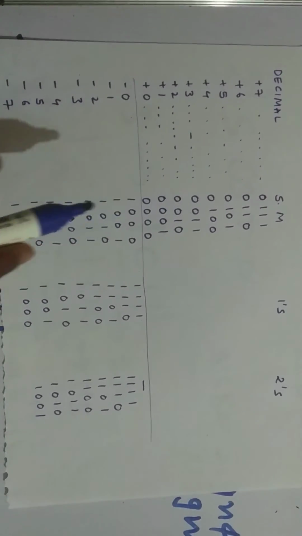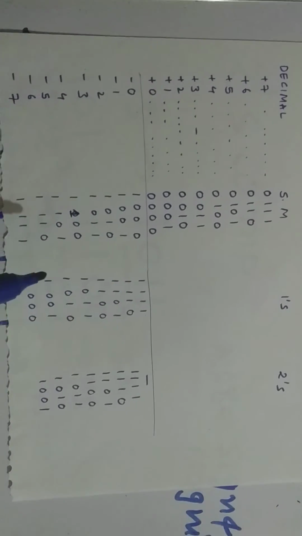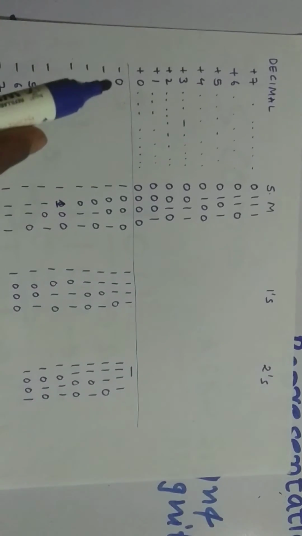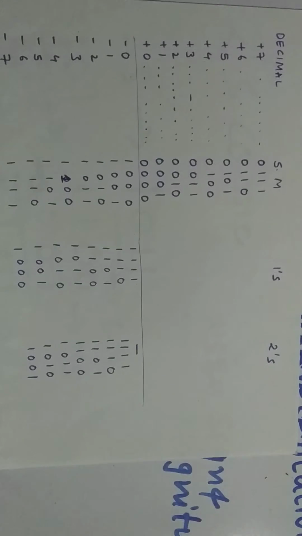In all of them the MSB bit is 1, and we have a certain change between the normal form and the 1's complement form: 1 0 0 0 is represented as 1 1 1 1. In these two cases, we have minus 0, which is not correct, but in 2's complement we don't have minus 0. So that's a small tricky question for you.